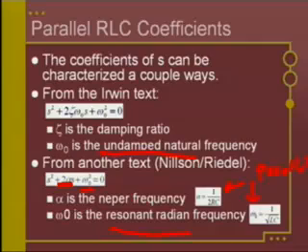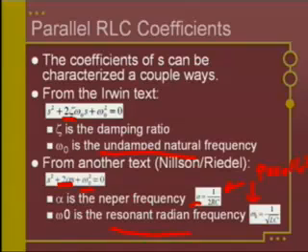Part of the reason that I like alpha instead of 2 zeta is that there's not an easy way to solve for zeta. That's really nasty to solve for, whereas alpha is pretty straightforward: it's 1 over 2RC. So that is why we use that one instead.